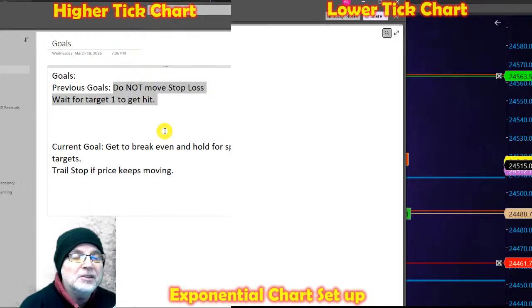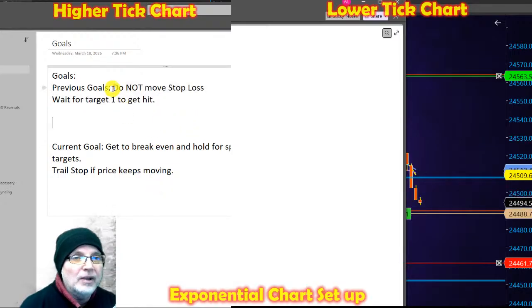That took me a long time to get. Don't move your target or your stop loss. Let your target get hit. So I've got that down right now. This next goal, I've got to get right now.